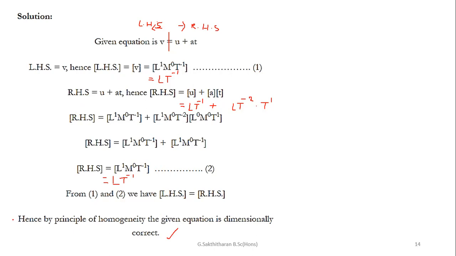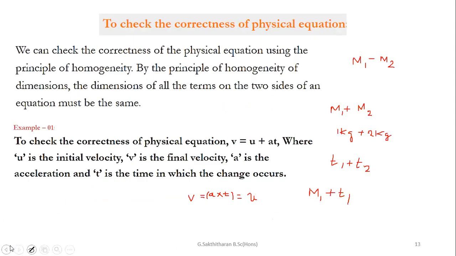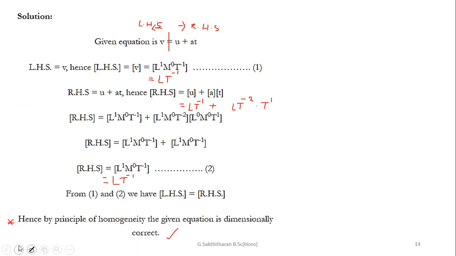Finally, this equation is dimensionally correct. This is the common step for checking the correctness of a physical equation.